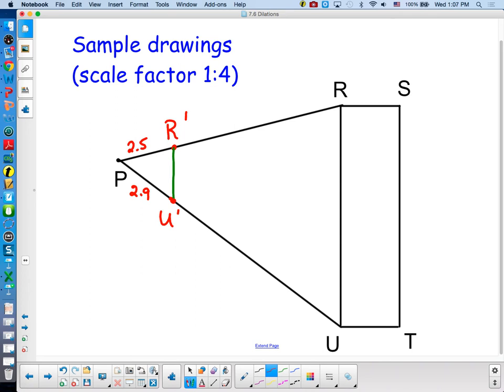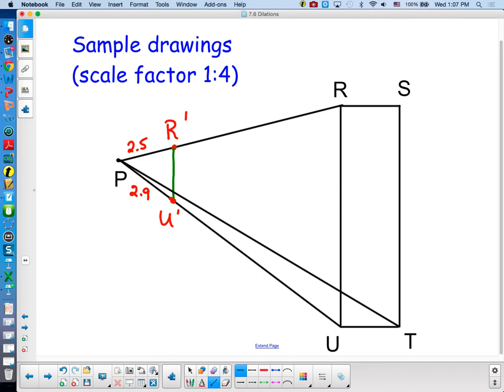Okay, let's do PT. Same thing. Measure how far it is from P to T and do 1/4 of it. When you get your worksheet, be sure you use the actual measurements, the scale factor that I've stated on it.